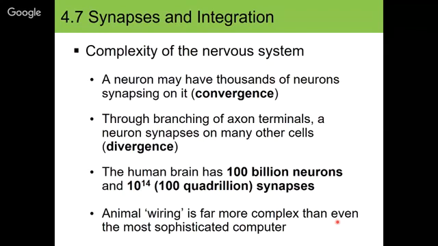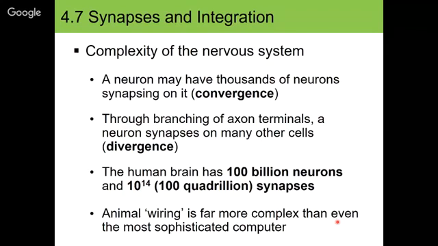Then we have divergence, which is when a presynaptic neuron branches, so it takes its signal and branches this off in axon terminals. In other words, the signal diverges and synapses with many other cells in the body, okay? Other neuron cells or muscle cells.